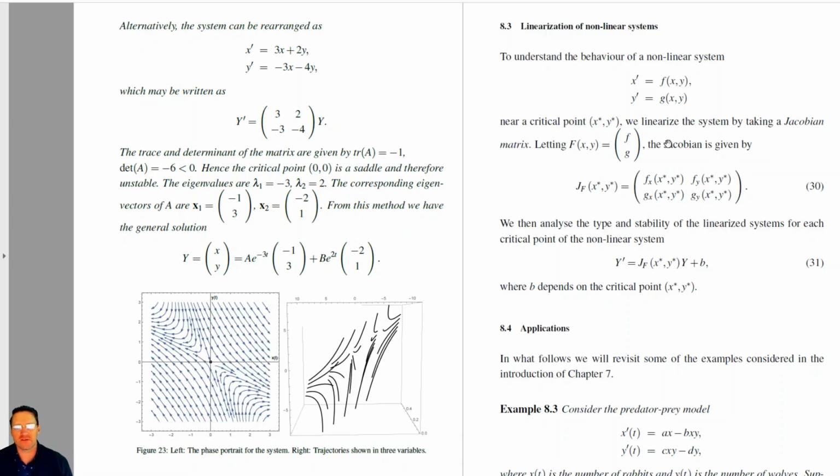Once we have those, we substitute in the critical point and we get a matrix with numbers in it. In other words, we get a linear system that behaves almost identically to the nonlinear system near that critical point. And so we'll be able to classify saddles, nodes, spirals, centers, and so on.